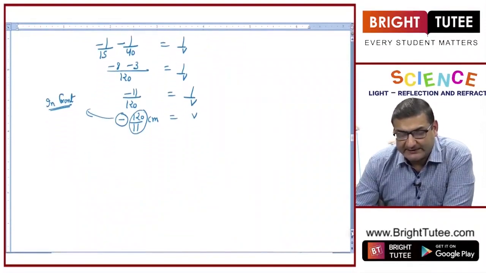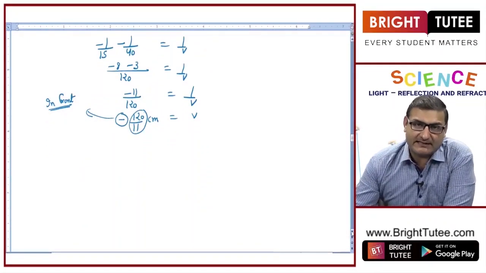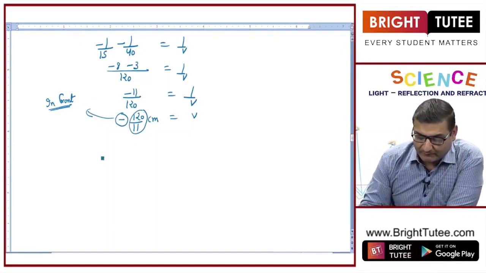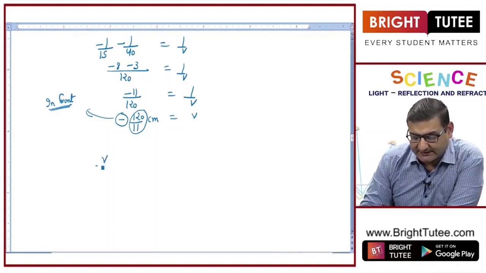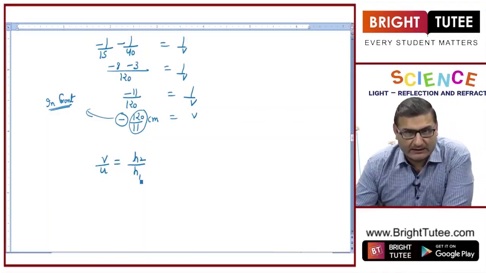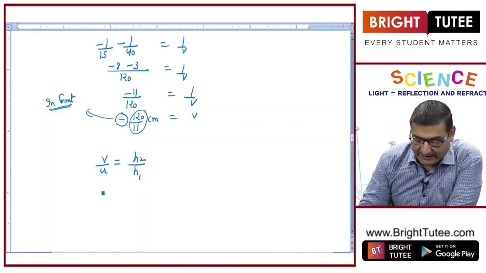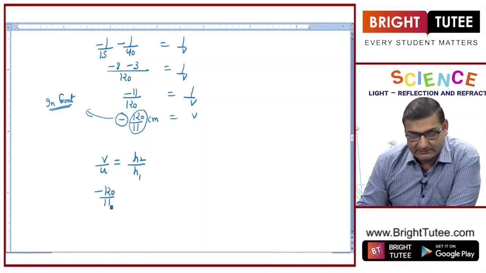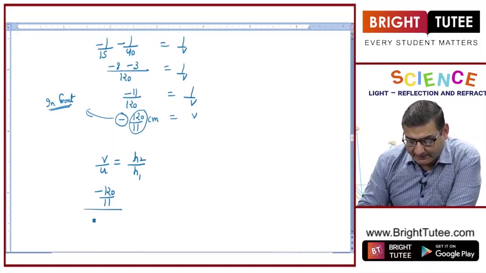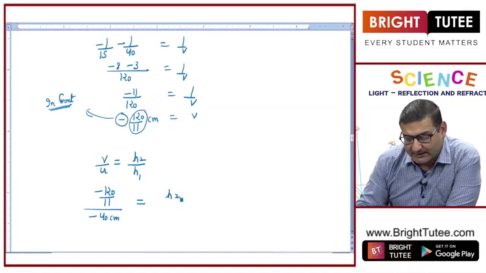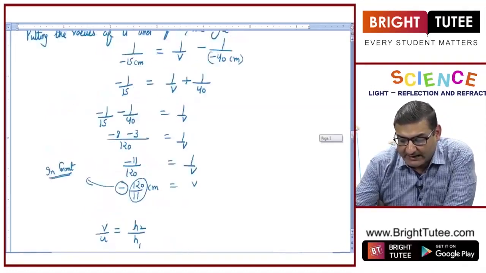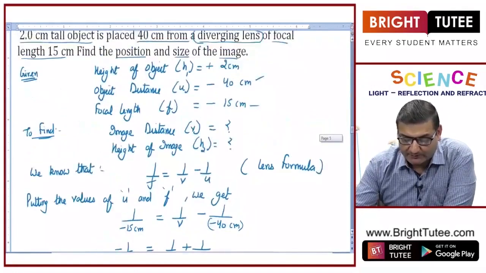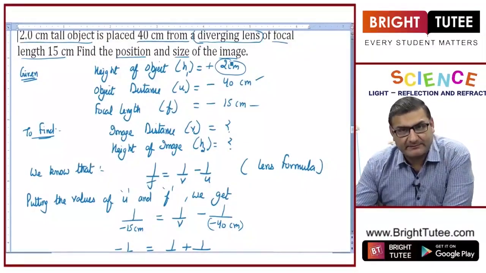After that, I'll be taking up the height or size of the image. Right? We know that the magnification formula states v by u is equal to h2 by h1. V I have just calculated. I am just putting it like this only, to make the calculations a bit easier, divided by u, which was given to be minus 40 centimeters, is equal to h2, which I need to find out, and h1 was given to me in the question to be 2 centimeters.